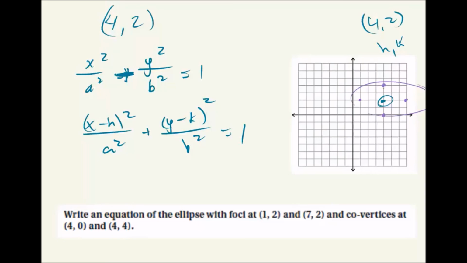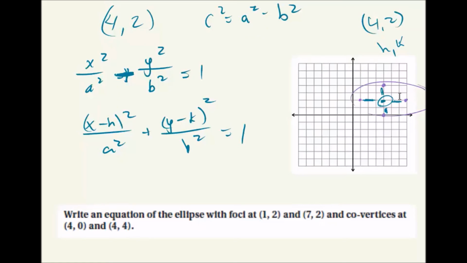Now, to find what b is, it's really easy, because the distance from the co-vertex to the center is 2. So b squared is going to be 4. And for an ellipse, the equation is c squared equals a squared minus b squared. C squared, we know what that is. It's the distance from here to here, squared, because c is the distance from the center to the focus.